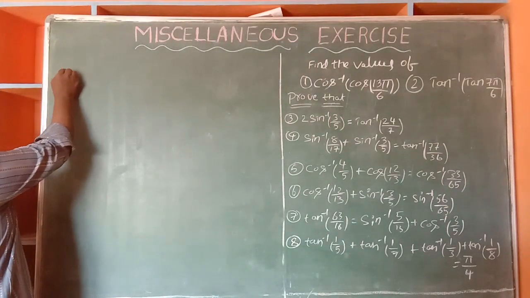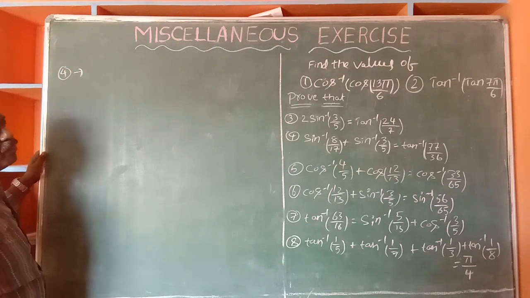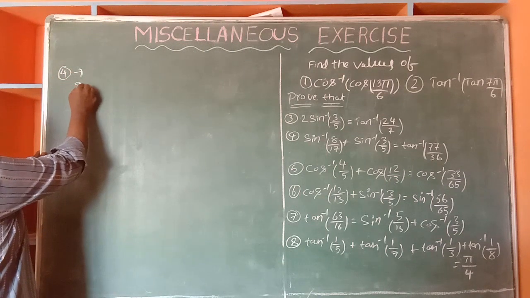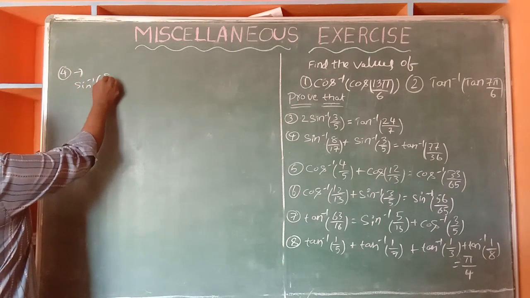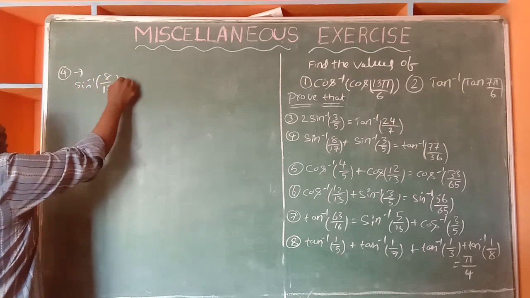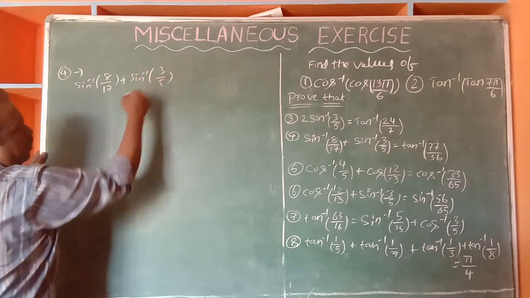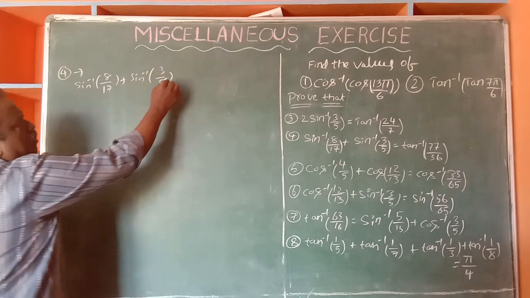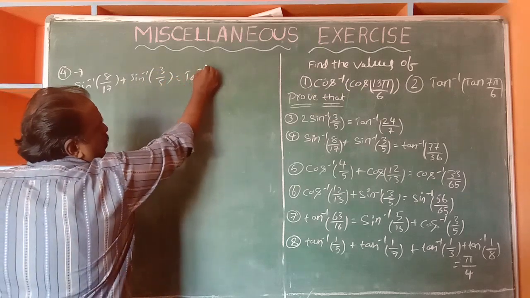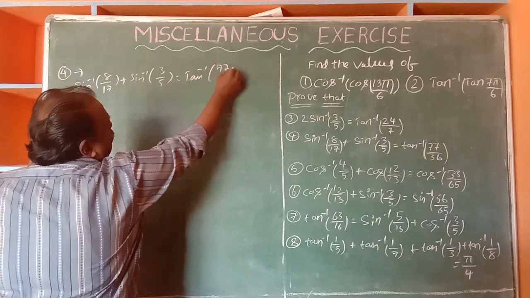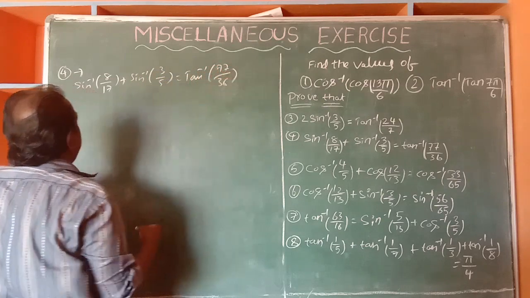Fourth one. Sine inverse 8 by 17 plus sine inverse 3 by 5 is equal to tan inverse of 77 by 36.